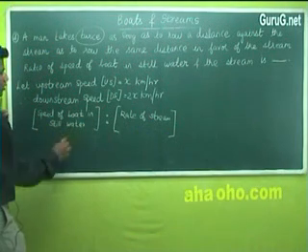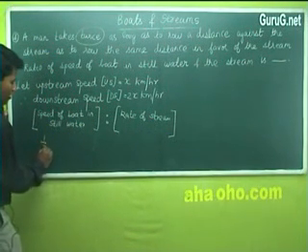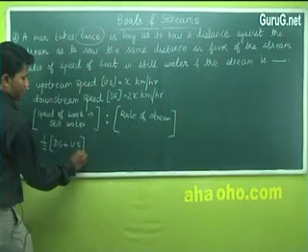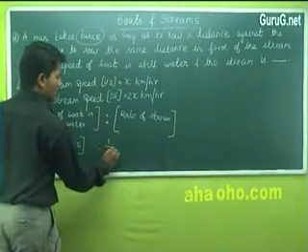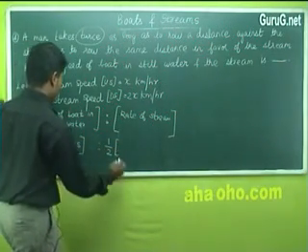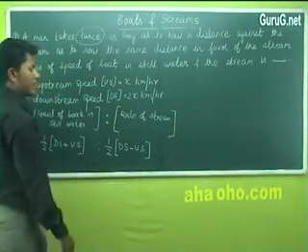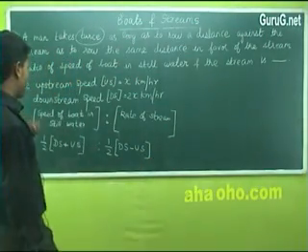The speed of the boat in still water is half of downstream speed plus upstream speed. Rate of the stream is half of downstream speed minus upstream speed.